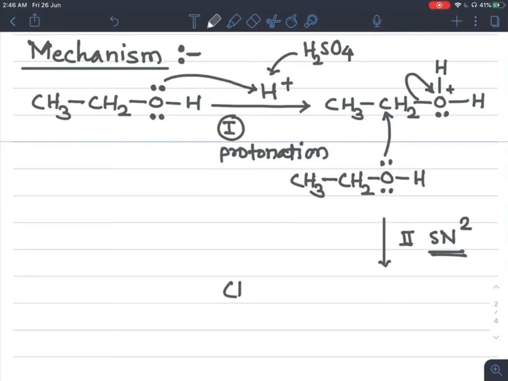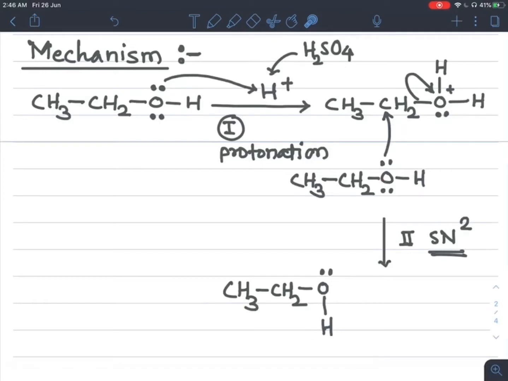See there, CH3CH2. Now this CH2 attacks the oxygen attached to this hydrogen, meaning this is CH3CH2OH as it is here.